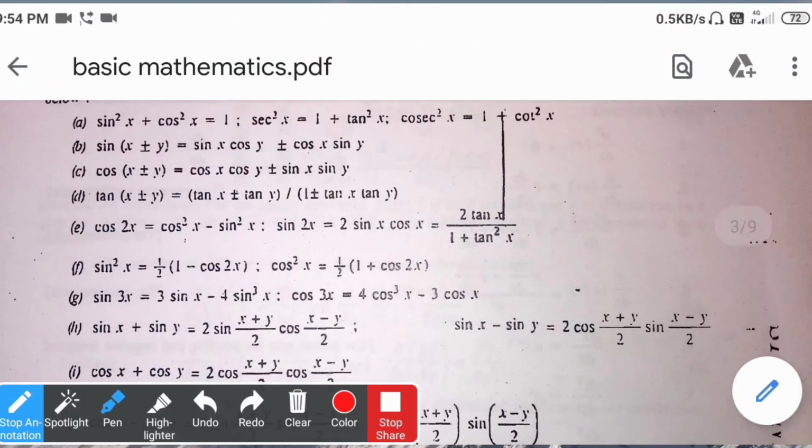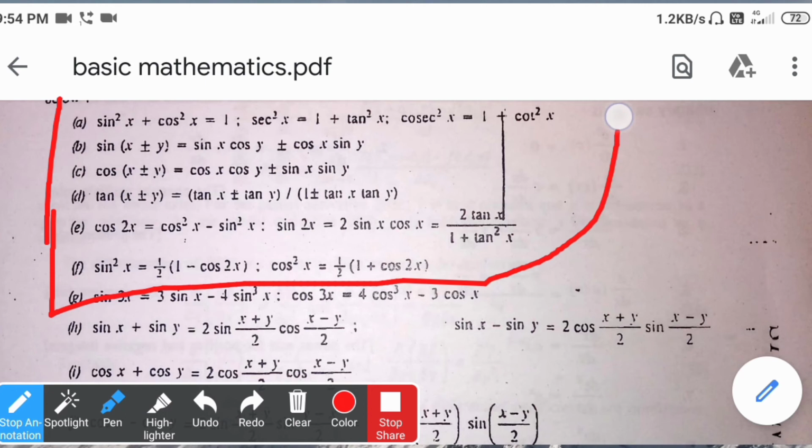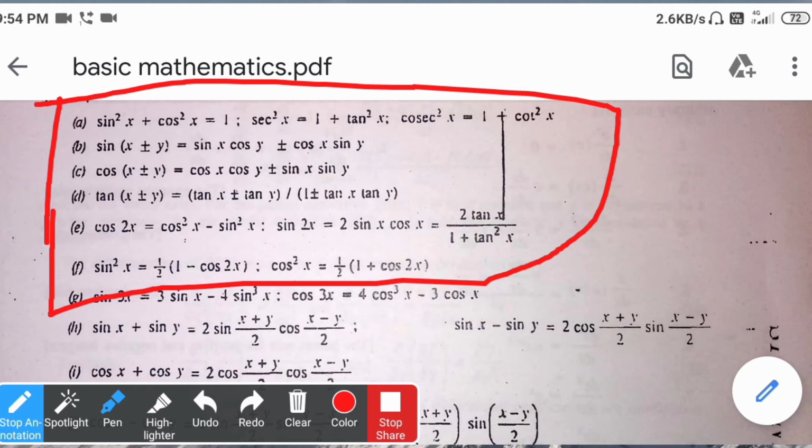And next, there are a total of six formulas for the simplification of our trigonometric functions. So try to remember these 3 plus 6, 9 formulas up to this point. You should have these 9 formulas in your mind, quite clear.